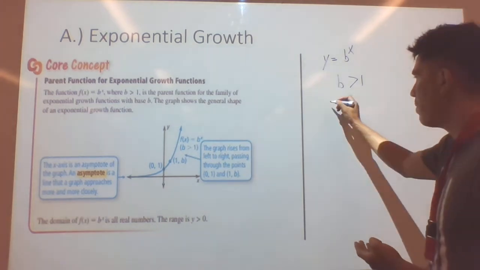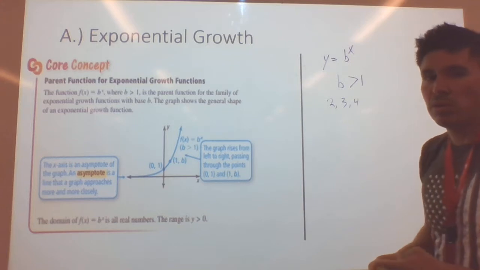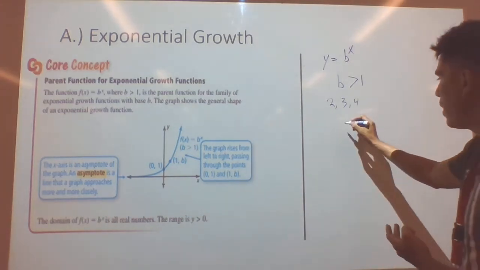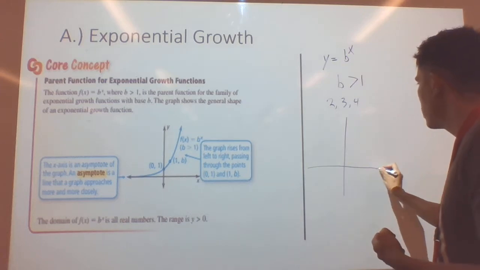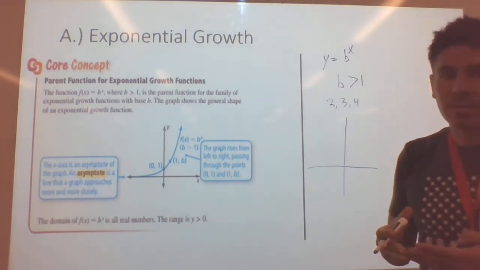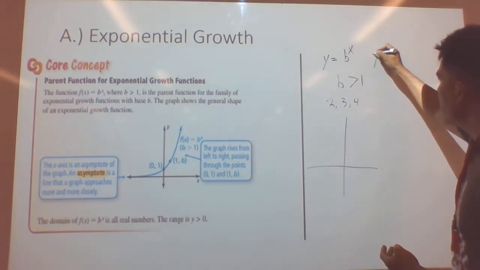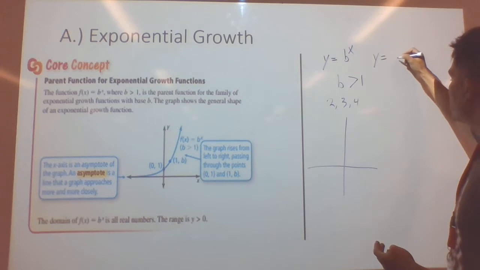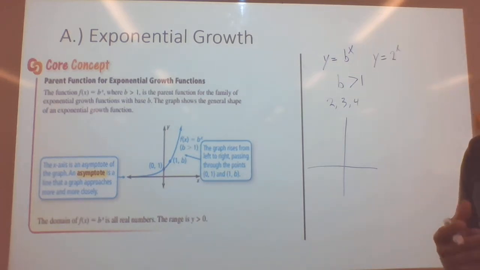And again, we can have values that are greater than 1. We have 2, 3, 4. So those are values that are greater than 1. And when we graph this, that b value is going to be my y-intercept. So if my function, let's graph a real one, has a b value of, let's say, 2 to the x, that 2 is my y-intercept.